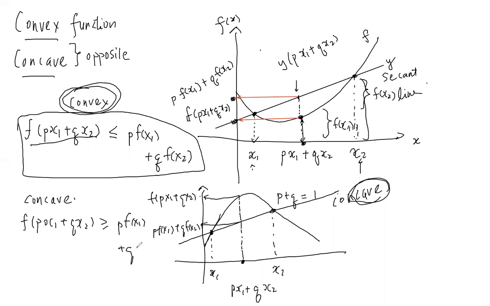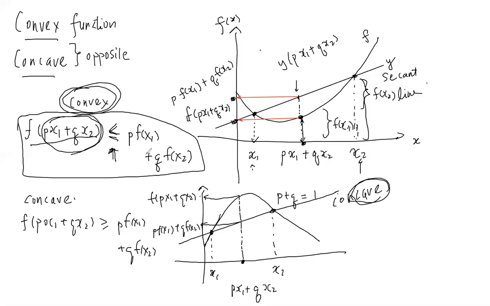Basically, it's very simple. For convex, the function of some weighted average is bounded by the weighted average of the function. And when it's concave, you just reverse the sign. You just need to remember one of them, and for the other you just flip the inequality.